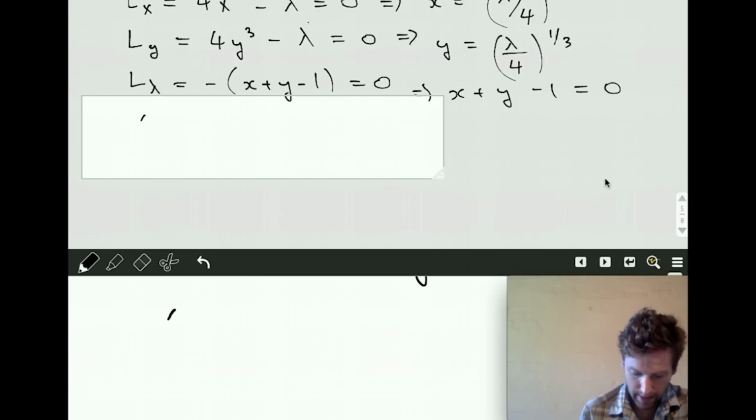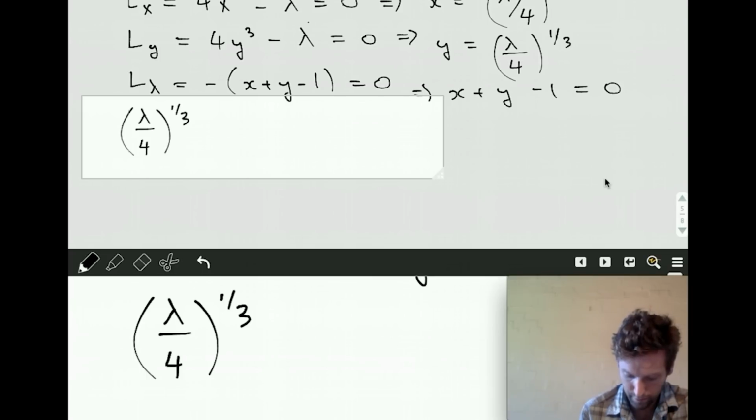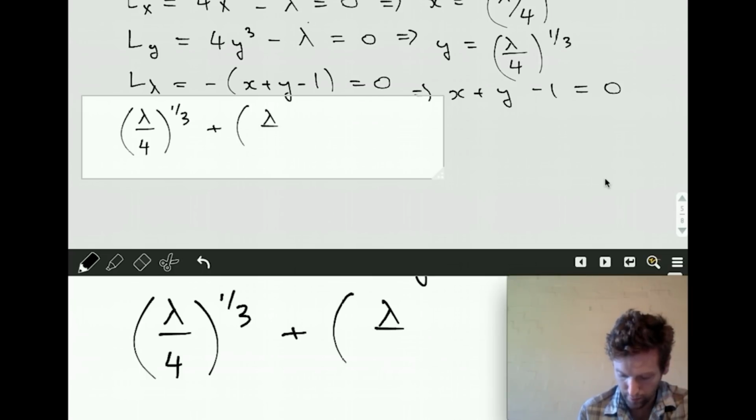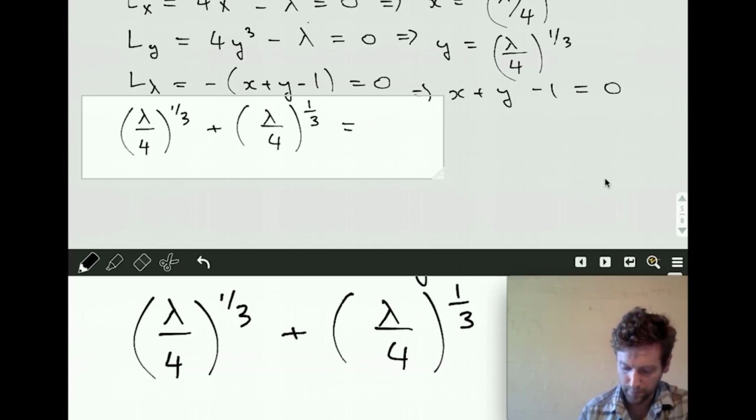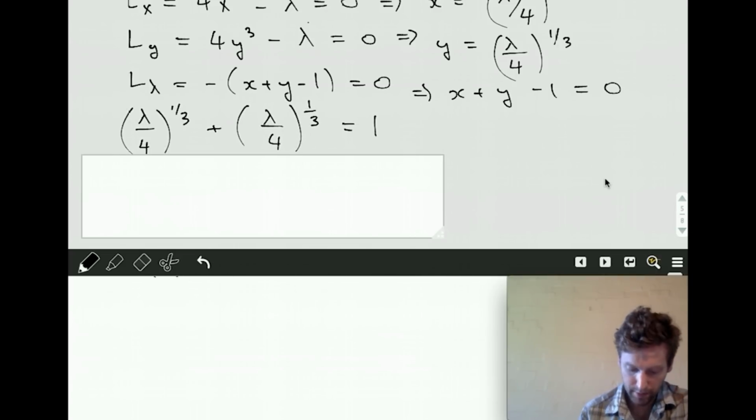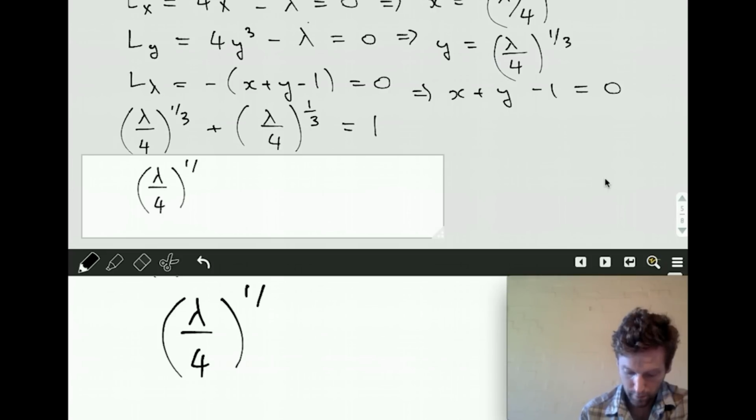So we've got lambda over 4 to the power of 1/3 plus lambda over 4 to the power of 1/3 is equal to 1. So that gives me 2 times lambda over 4 to the power of 1/3 is equal to 1.